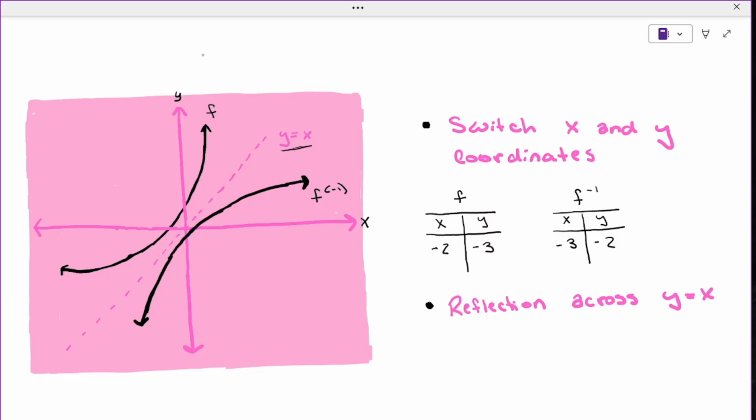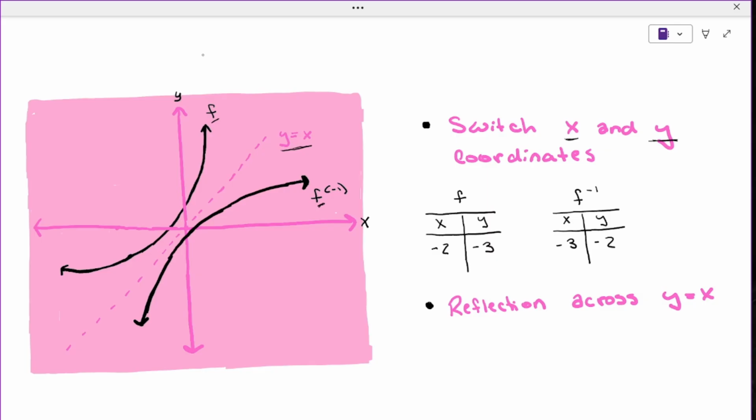So y equals x is a dotted line that is represented on this graph here. And the function f is here, and the inverse of f is there. And all that the inverse is, is a reflection across y equals x. So all that's happening is that you're switching the x and the y coordinates.